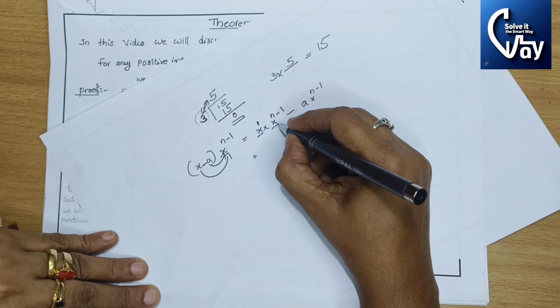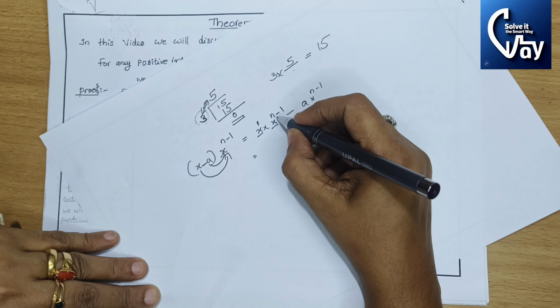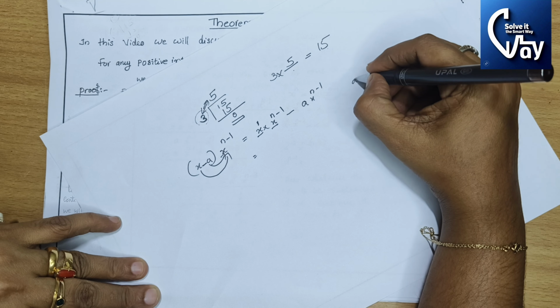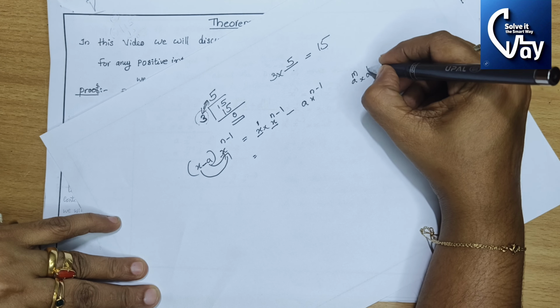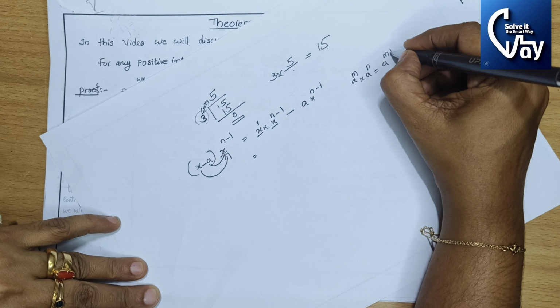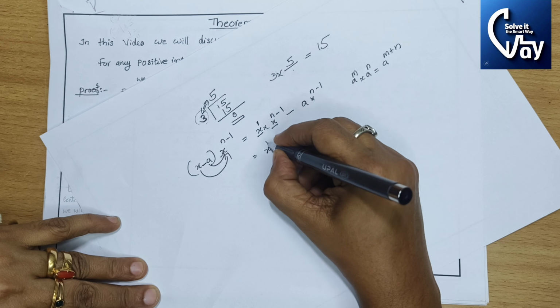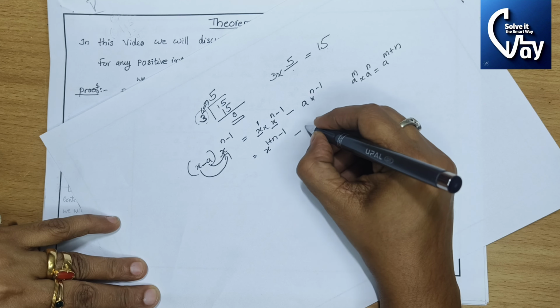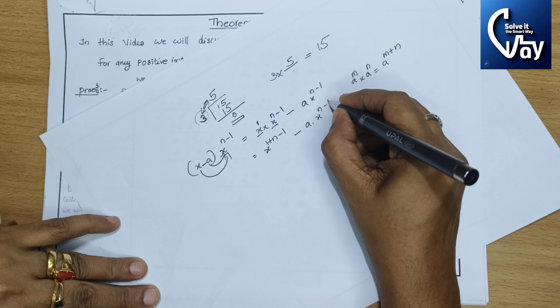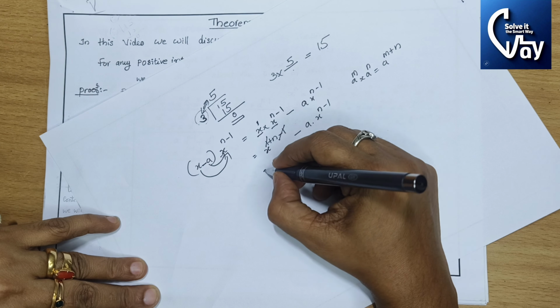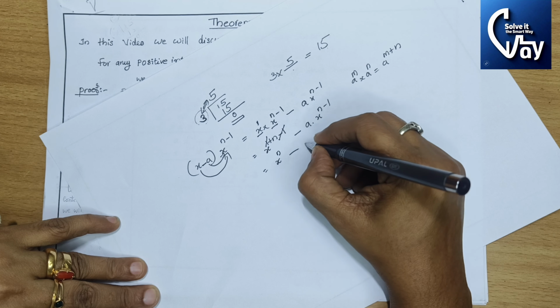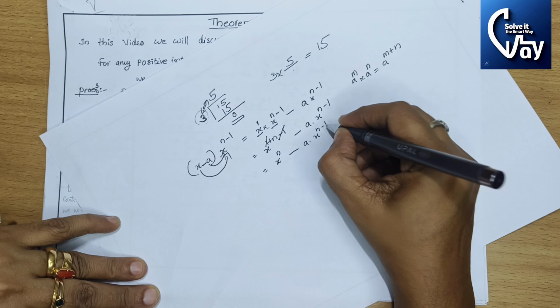These bases are the same, so we add the powers. This is in the form of a raised to m into a raised to n equals a raised to m plus n. Here x raised to 1 plus n minus 1 minus a into x raised to n minus 1. Minus 1 plus 1 get cancelled. We got x raised to n minus a x raised to n minus 1.